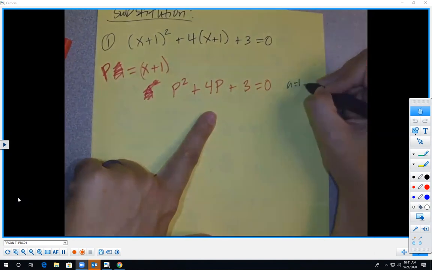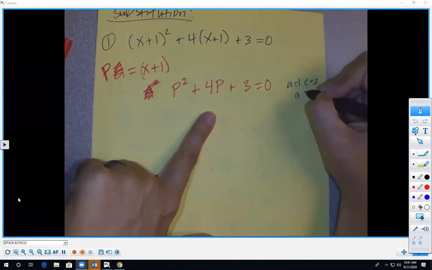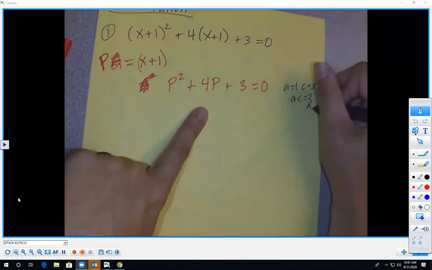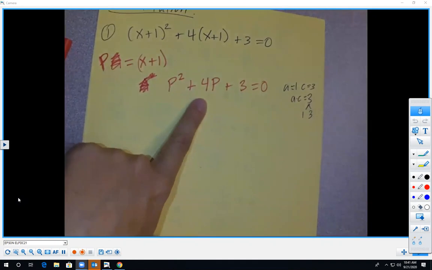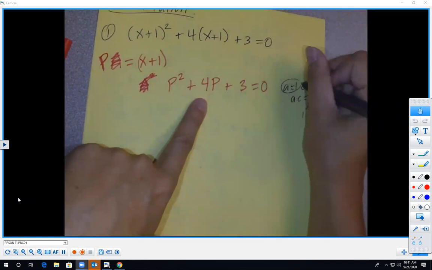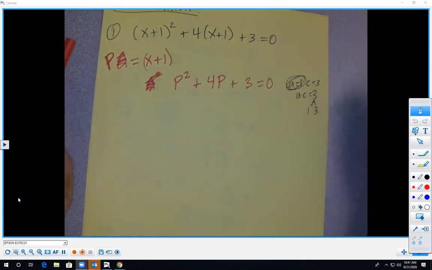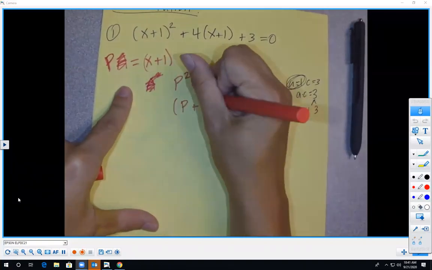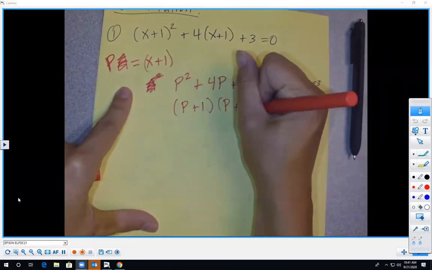A is 1, C is 3. A times C is 3. What two things multiply to get you 3? 1 and 3. Do they add to give you 4? Yeah. My A value is 1, so it's a shortcut problem. So this factors into P plus 1 times P plus 3.